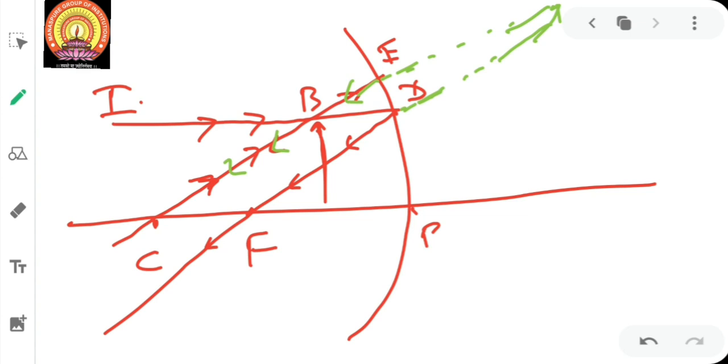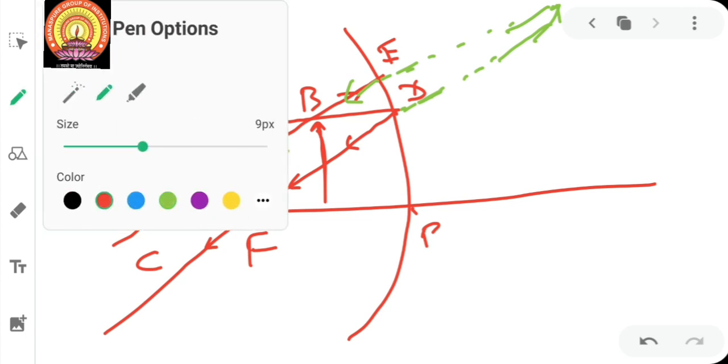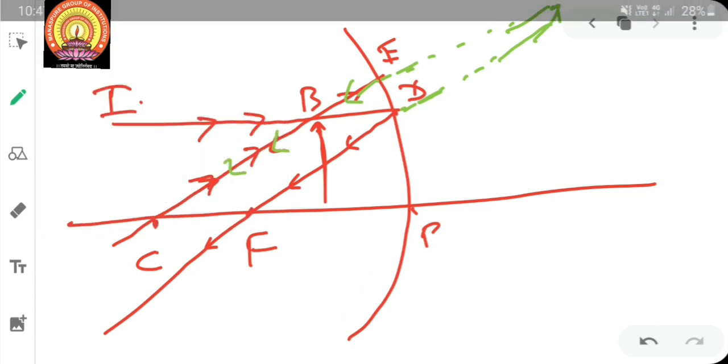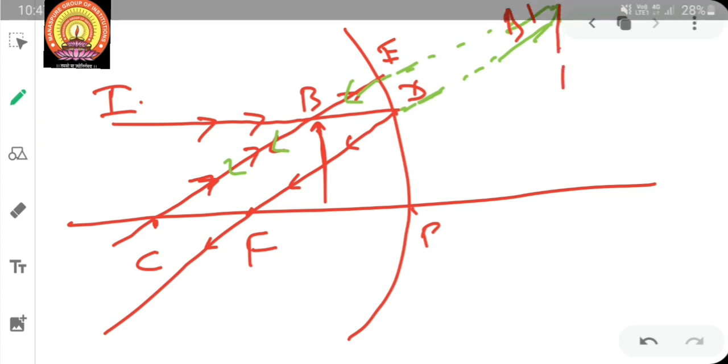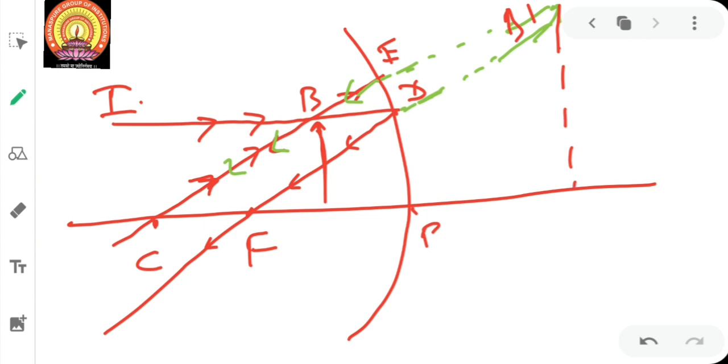Let us call that point B dash. Just assume that point as B dash. Now we have to draw a perpendicular from that point B dash on our principal axis. Let us say that is A dash.